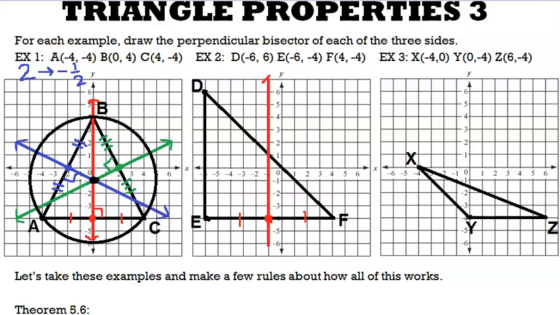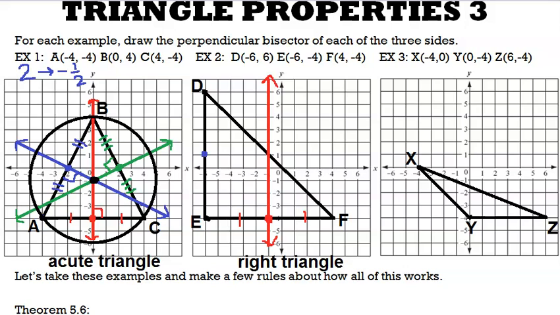So in case you didn't pick up on that, the first example that we did worked out the way that it did because it was an acute triangle. This next one is a right triangle, and it's going to work out a little bit differently. So we have a right triangle. If you try to do a perpendicular bisector and make it perpendicular and bisecting, you've got a horizontal line, so I can make a vertical line to be perpendicular.